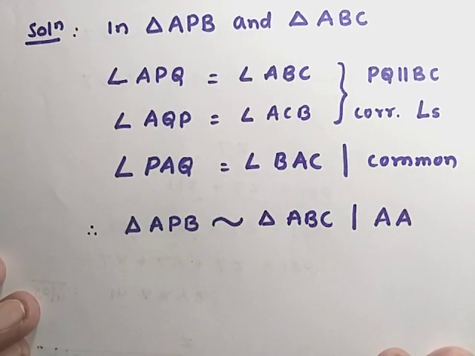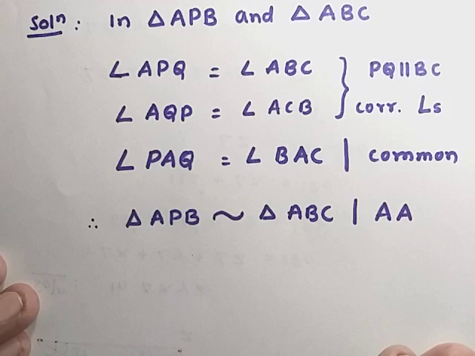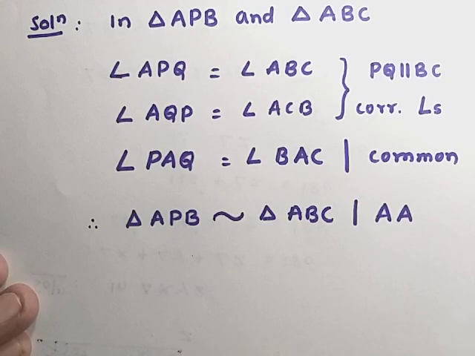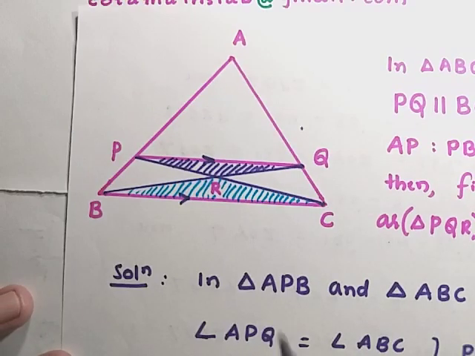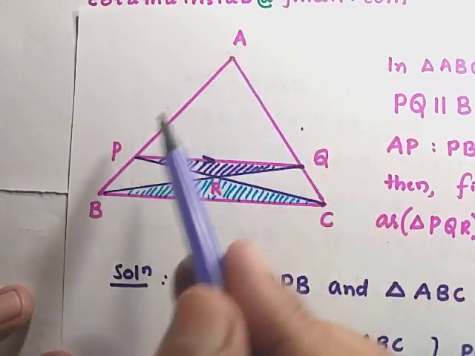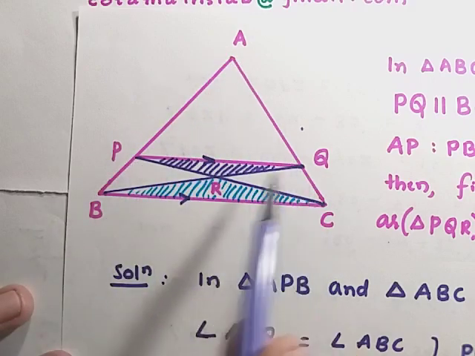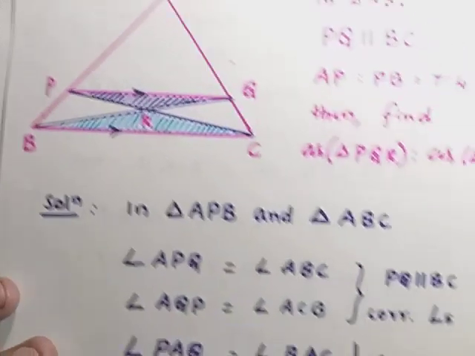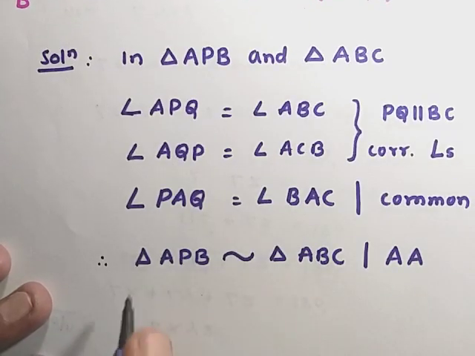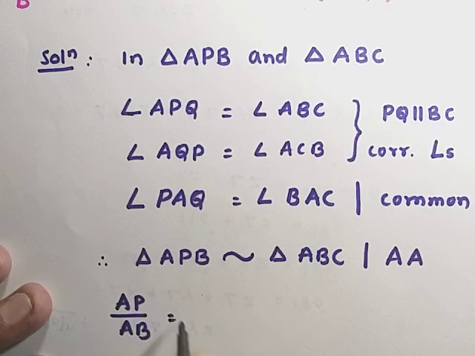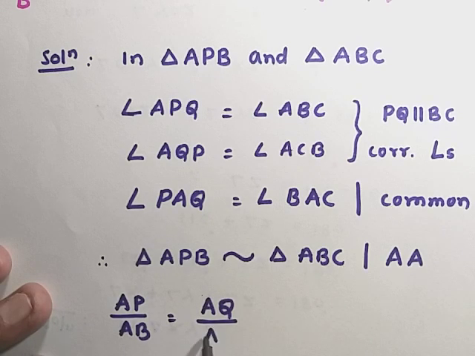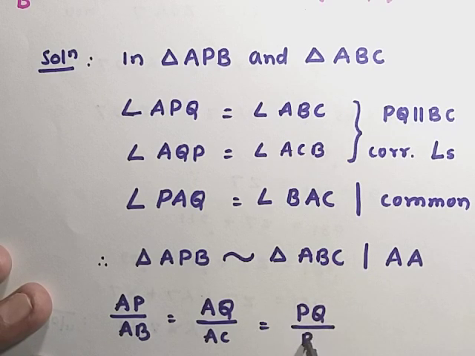Once we write the similarity of the triangles, we can write the ratio of corresponding sides. That is, AP divided by AB is equal to AQ divided by AC is equal to PQ divided by BC.